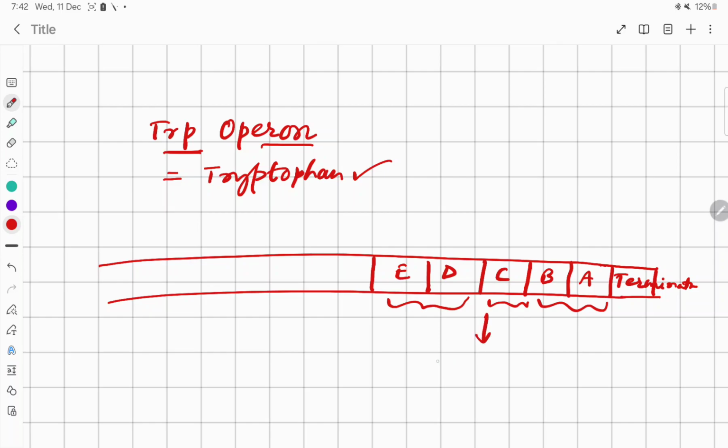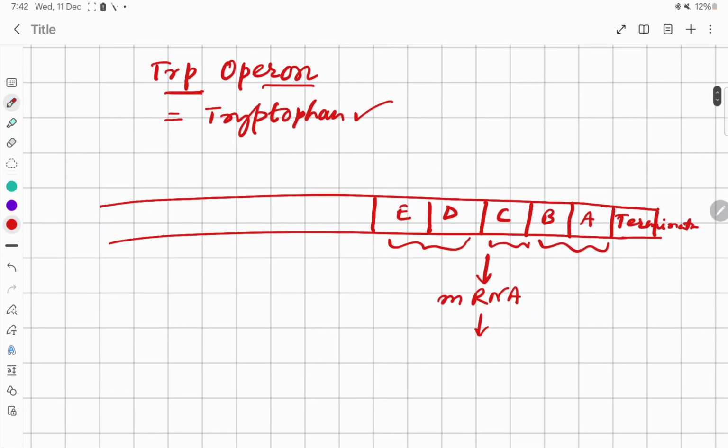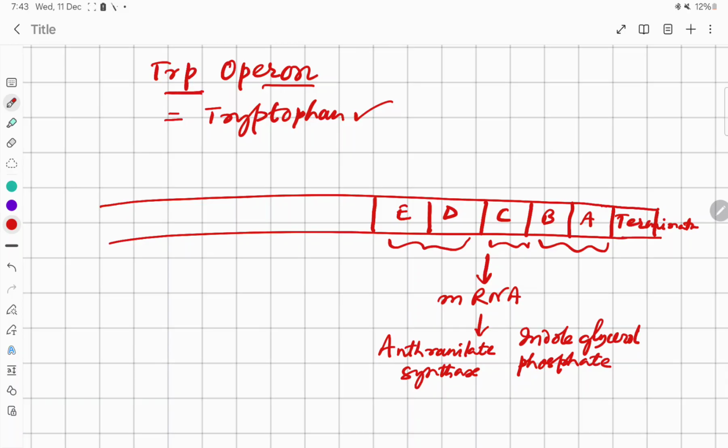So first there will be gene transcription, where we will get the messenger RNA, and from that we will get the proteins, and they are anthranilate synthase, then indole glycerol phosphate synthase or IGP synthase, and these 2 genes are responsible for production of this enzyme or protein.